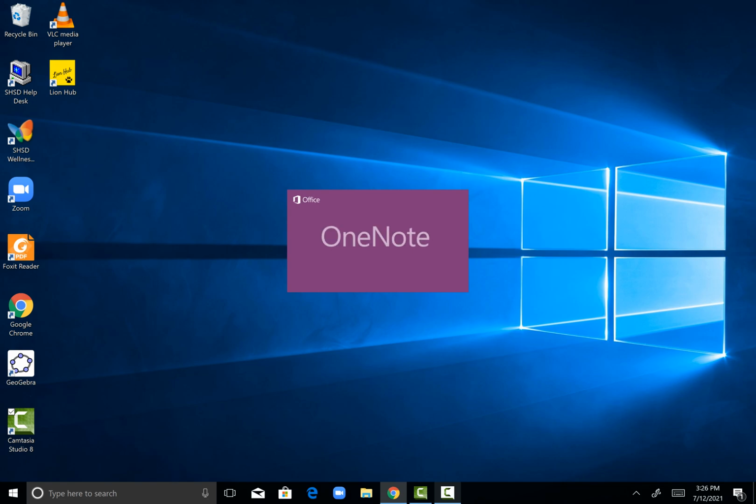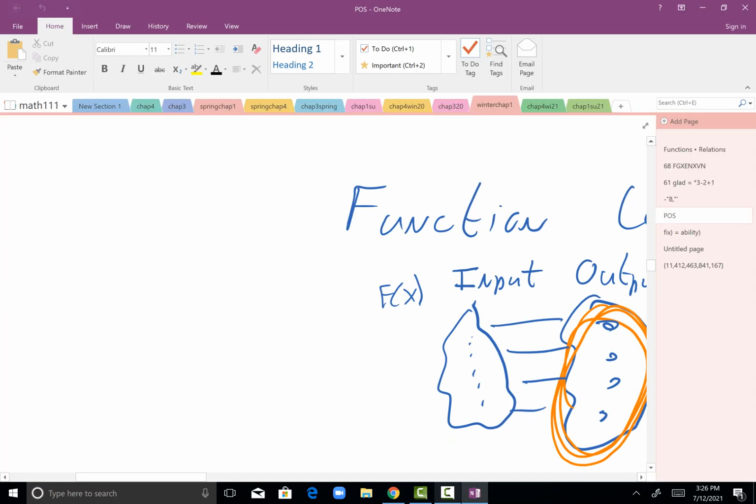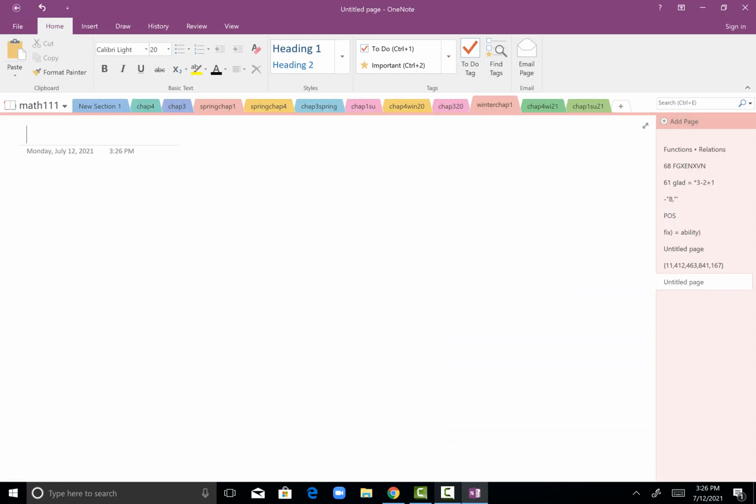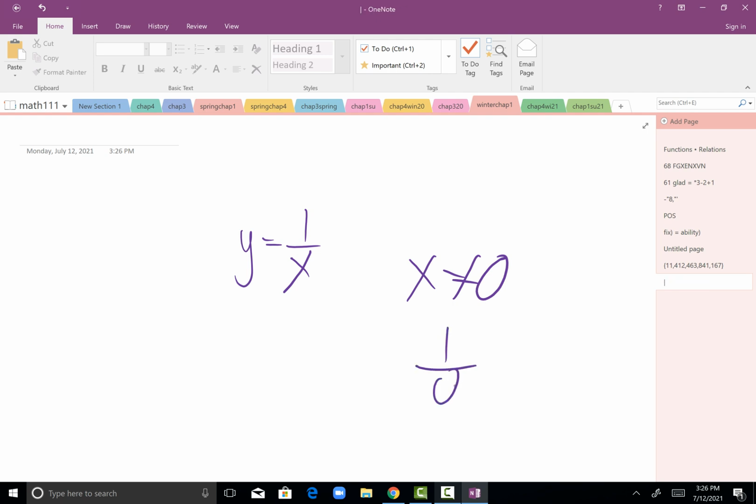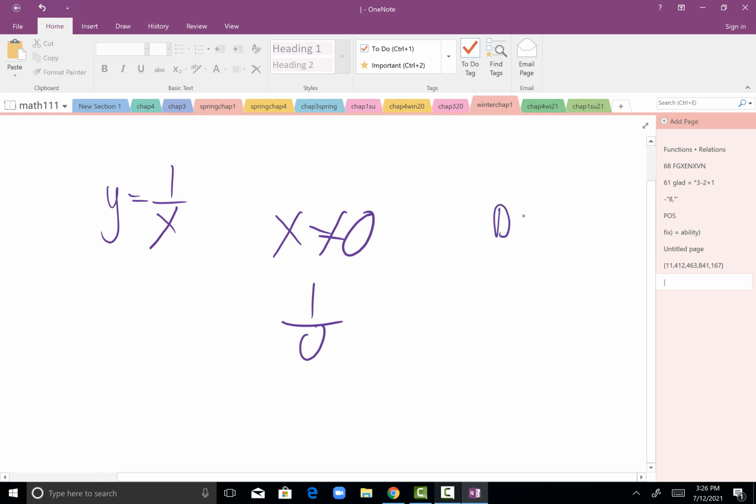So if we have a function 1 over x, x cannot be 0 because you cannot divide by 0. So you don't need to actually graph that one to know what the domain is. Okay, x cannot be 0.